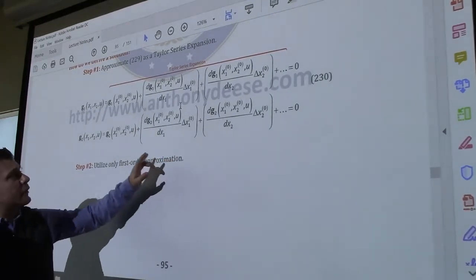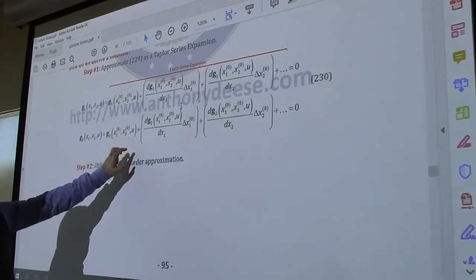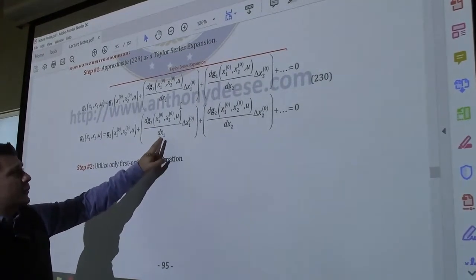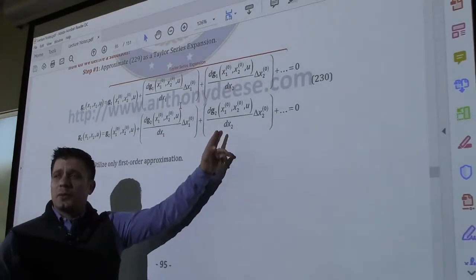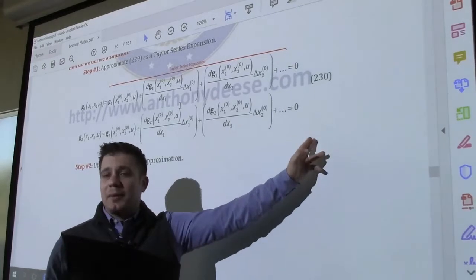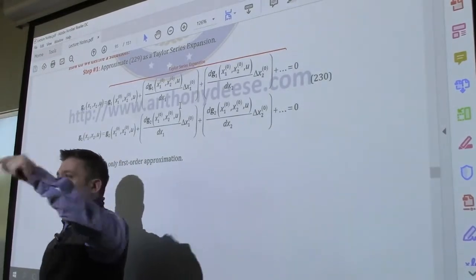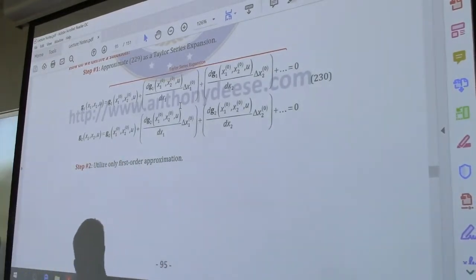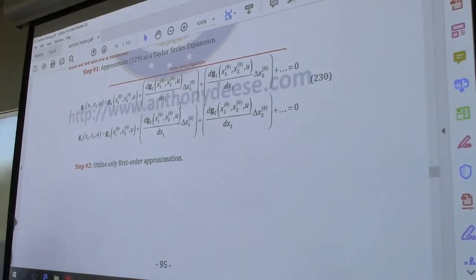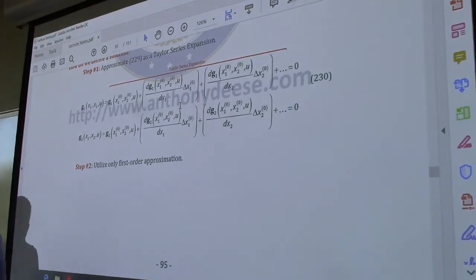Now the fact that we have two variables here means that we have to consider the first derivative with respect to x1 and the first derivative with respect to x2. Then what's not shown here, the plus dot dot dot, would be the second derivative with respect to x1, the second derivative with respect to x2, and you would keep moving on down the line. In order to get a perfect representation of this, you have to do an infinite number of derivatives.